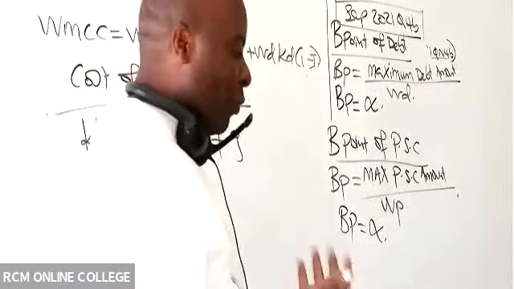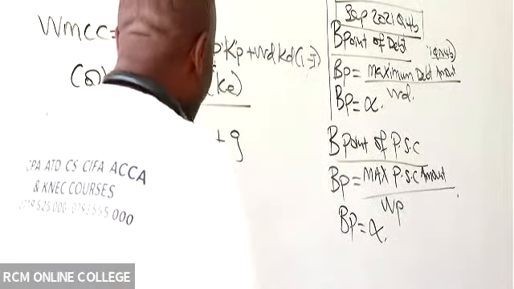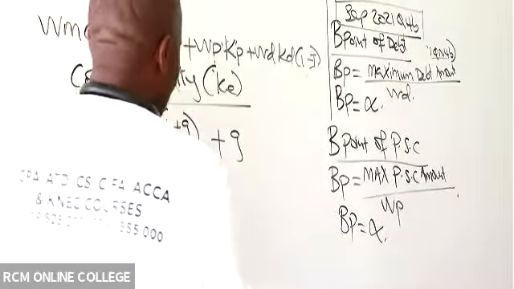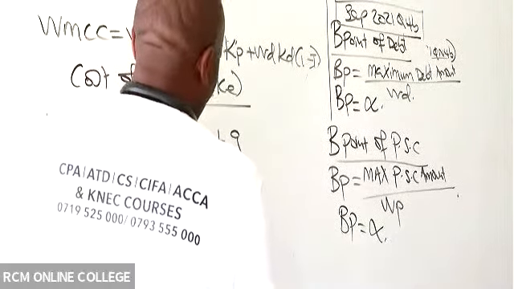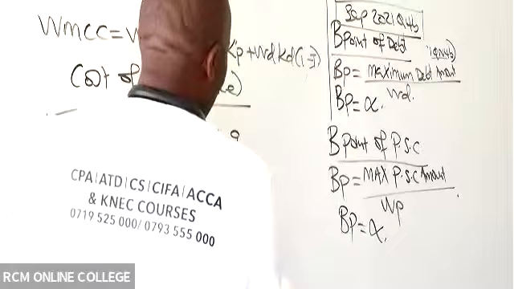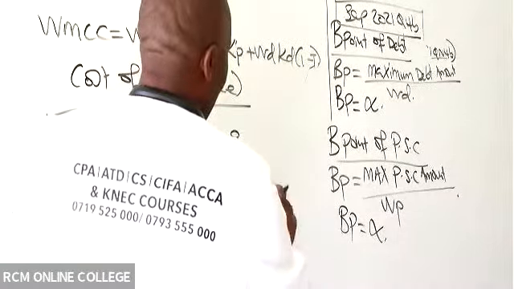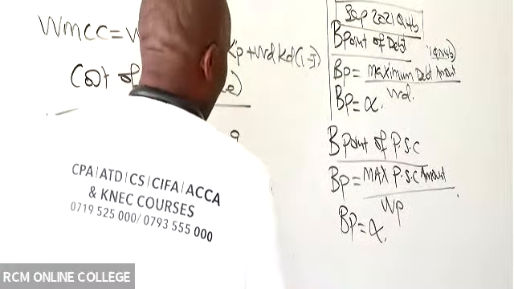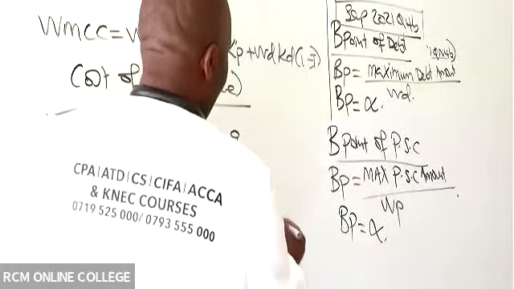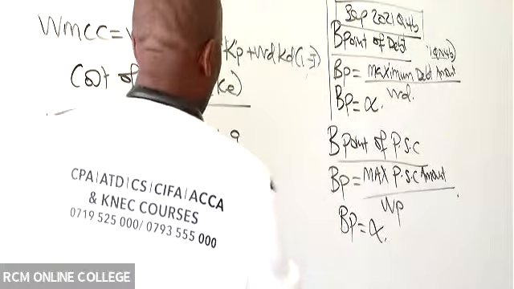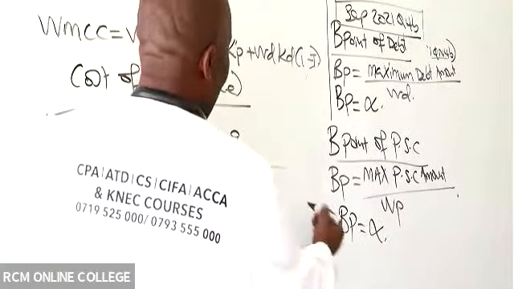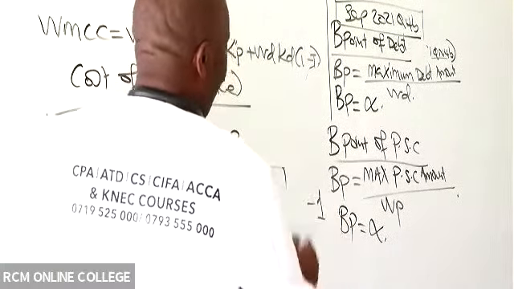There are 2 ways of computing growth rate. The first method is where growth rate equals current DPS over oldest DPS, take the nth root, and then minus 1.